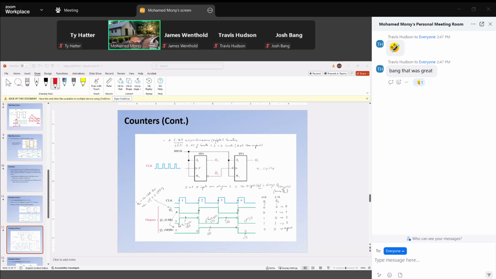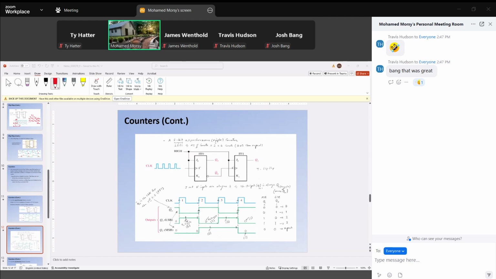It should actually be placed between Q0 and Q1, but you can put it anywhere. Let us look at the output Q0. Initially Q0 and Q1 are zeros. Initially, the two flip-flops are zeros.